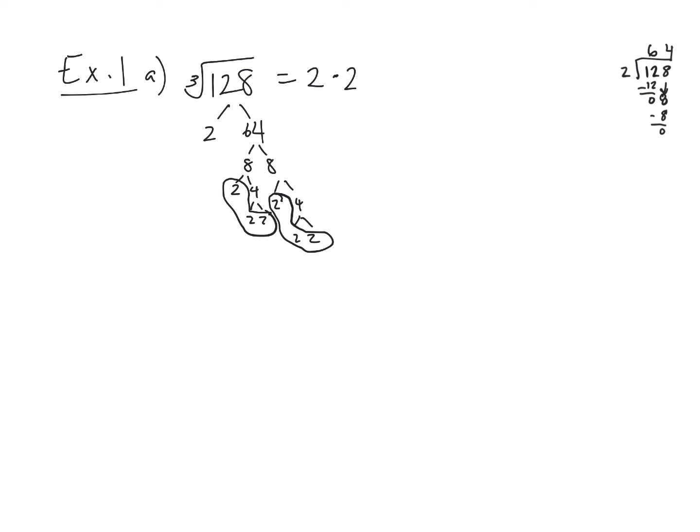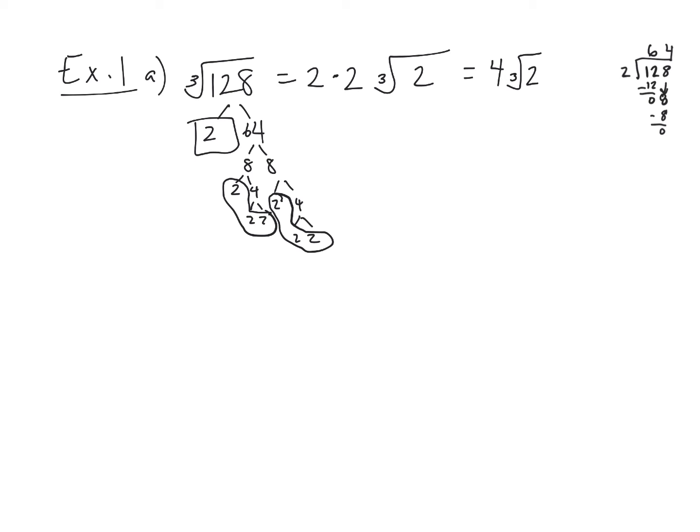So I can pull 2 2s outside of my cube root. Then I have 1 2 left over that doesn't have any group to be a part of, and that 2 is going to stay on the inside. So I'm left with 4 cube root of 2 as my answer on this one.